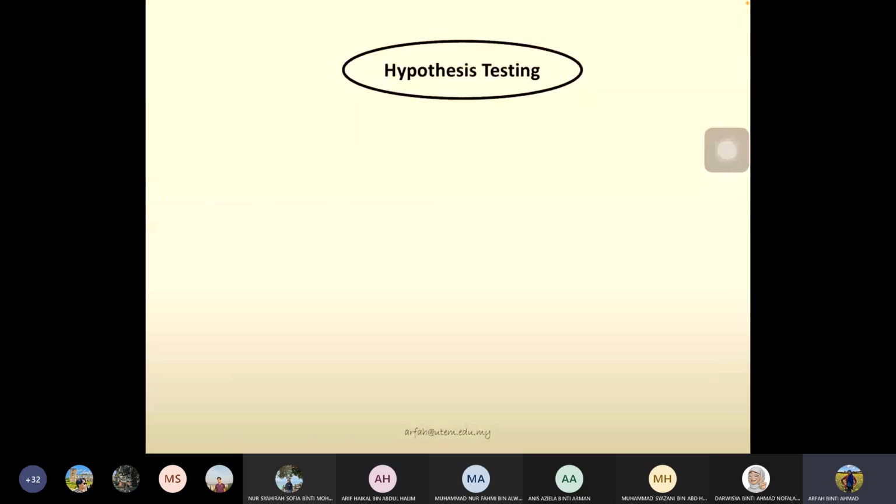Okay. Hypothesis testing untuk one population dan juga dua population. One population tu contohnya, example if we want to test on two type of car, Honda dan juga Toyota.